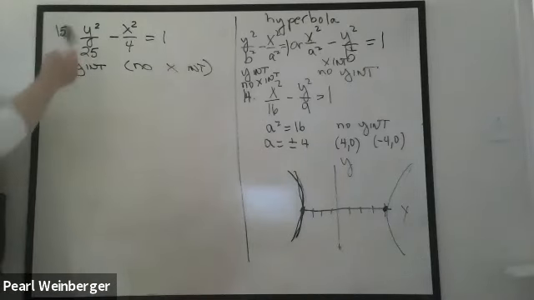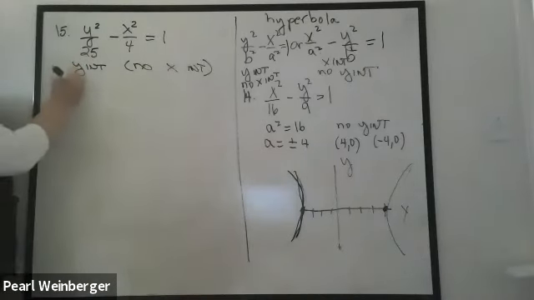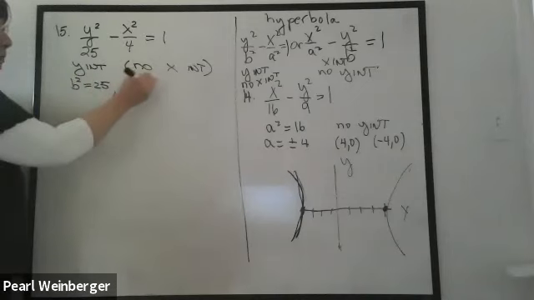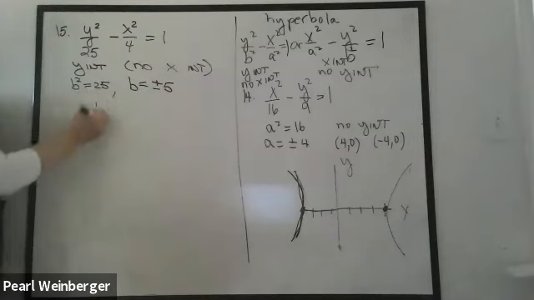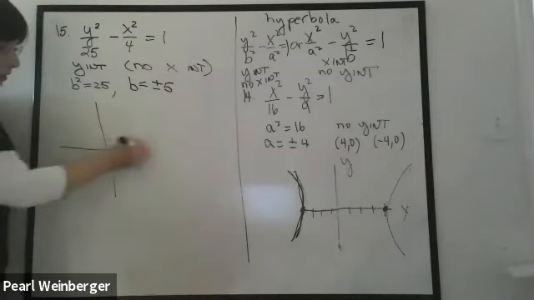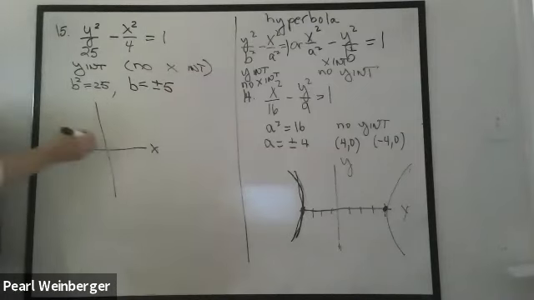We find the y-intercepts the same way. We know that b² is 25, so the b will have to be positive or -5, and my graph will look like this. 5 up on the y-axis for one intercept, 5 down.